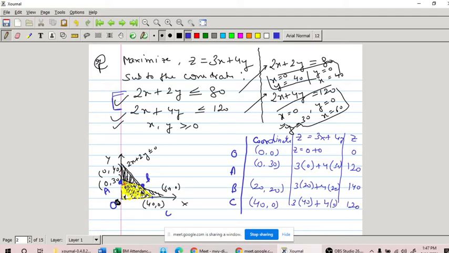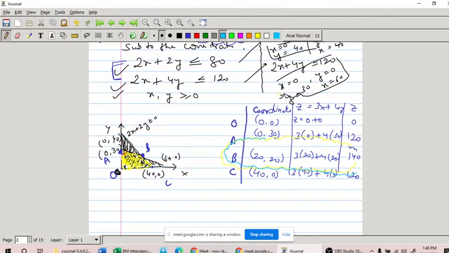And you see the objective is to maximize z, and the maximum value of z you are getting is at this point. So your optimum solution is this one.